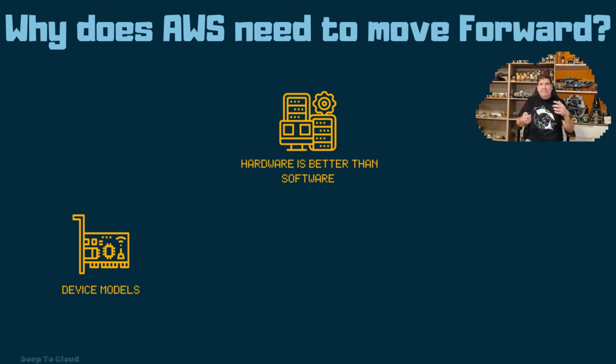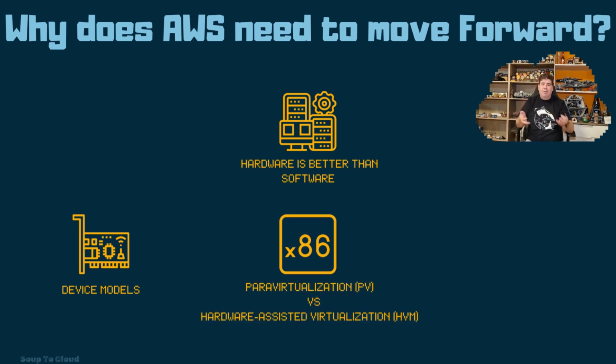And that started to change, and hardware vendors launched more and more drivers and more efficient drivers to run virtualization systems directly on the system instead of emulating. And that is the difference between paravirtualization and hardware assisted virtualization, HVM.